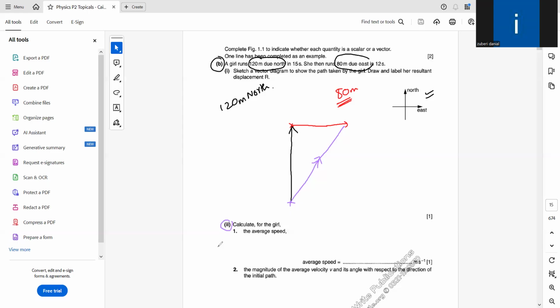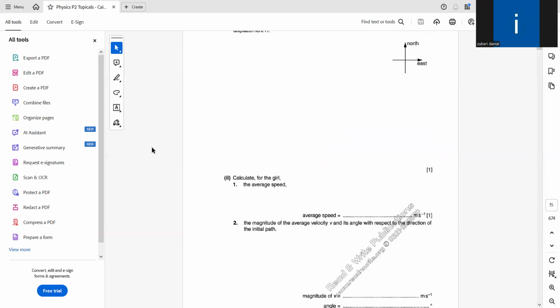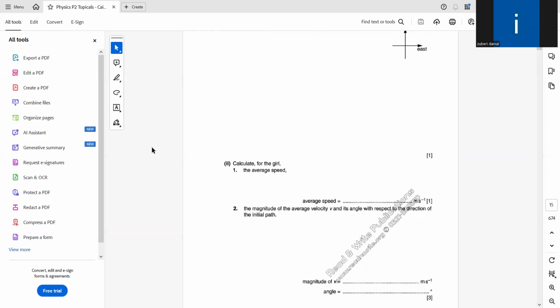Please solve this. I can't hear you. Yeah, that is correct. 7.4 meters per second is the average speed. Okay. Now let's try part two. There are two things which they want us to do now: the magnitude of average velocity and its angle with respect to the direction of the initial.